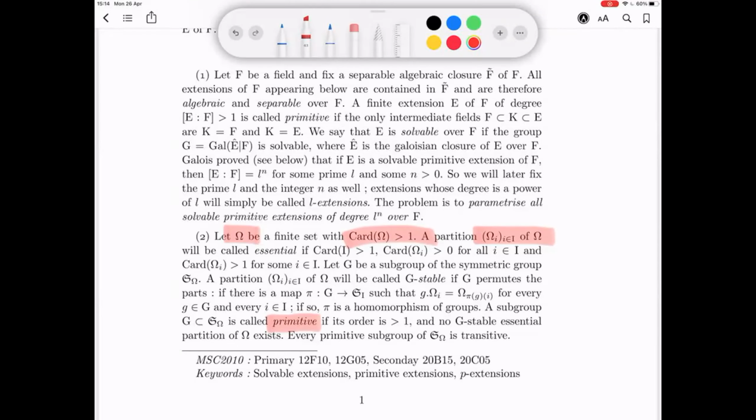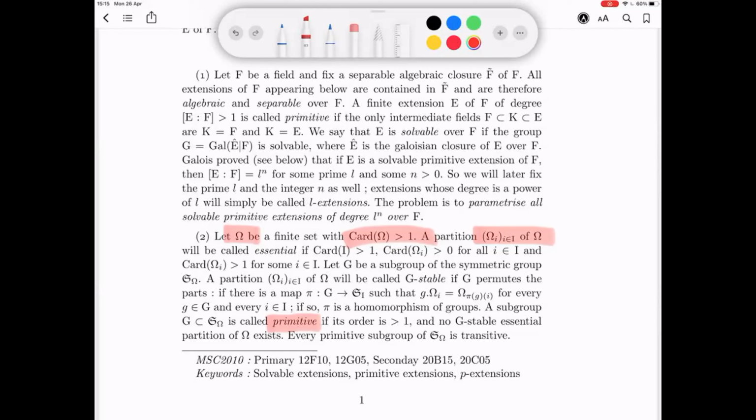That's a trivial partition of omega. So it's like, for a number, there are always two trivial divisors, one and the number itself. So for a set omega, there are always these two trivial partitions, the whole of omega and the set of singleton subsets of omega.